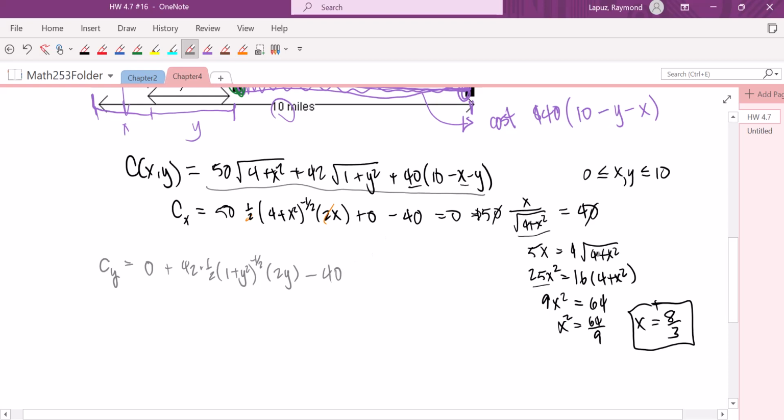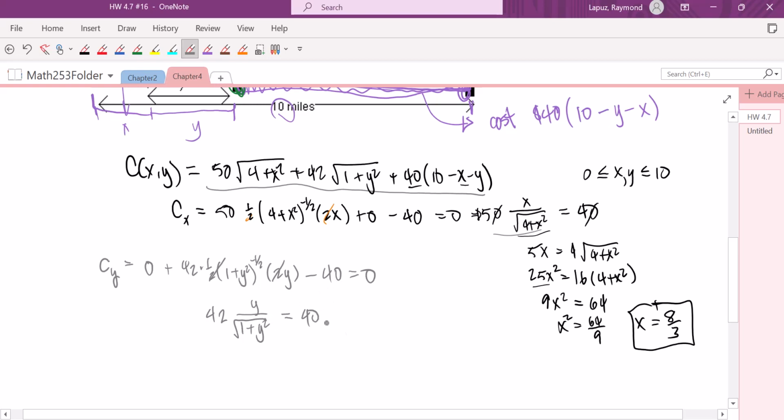And negative 40y, and the derivative of that is just negative 40. So we seem to have something very similar to what we got for the x component. So if we set this equal to 0, I think we cancel the 2's. We'll start with a 42y divided by the square root of 1 plus y squared, and that is equal to positive 40, and we'll multiply both sides again.